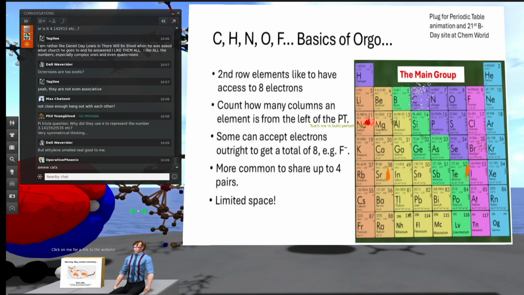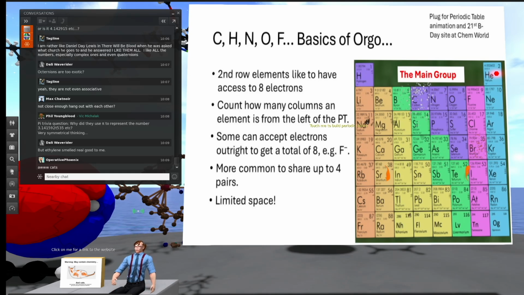The next row is actually 11 through 18 uninterrupted. And then in this next row down here, I've got calcium and gallium. And what I've done is snipped out the transition metals, because those do other things that we're not talking about today. But this little square here with hydrogen and helium on the top represents what's called the main group of elements.